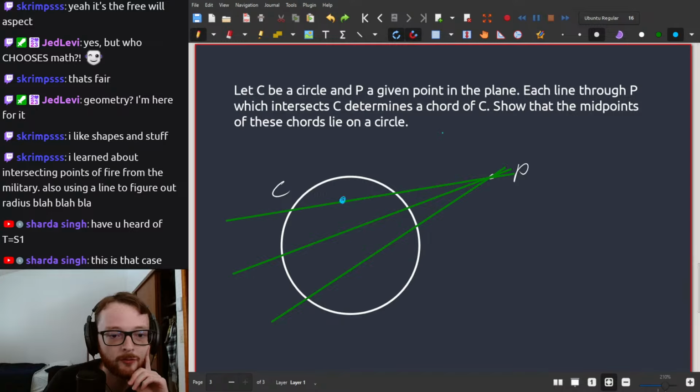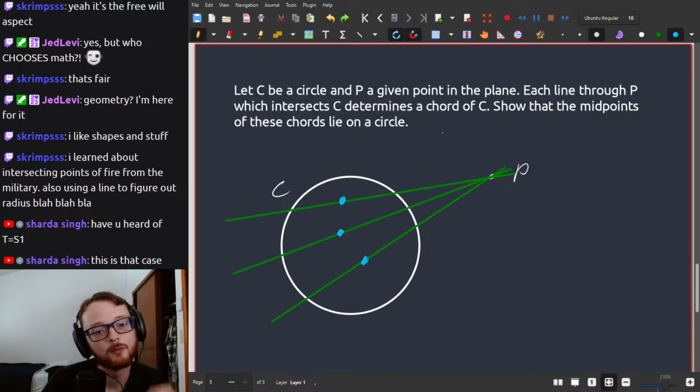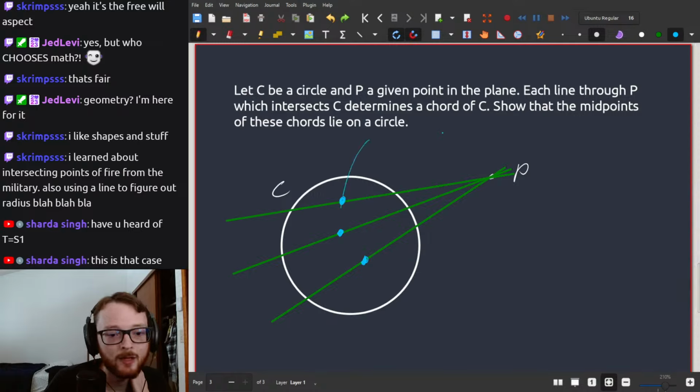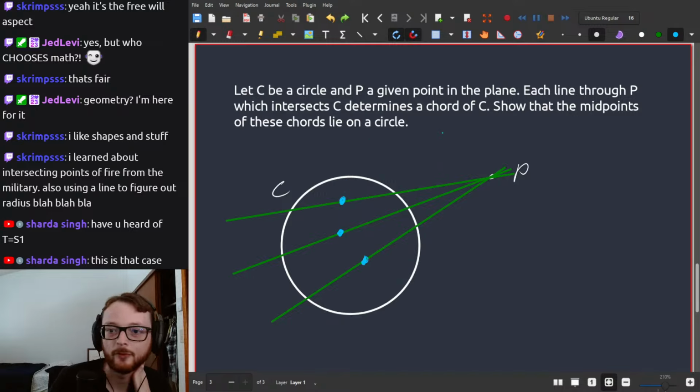I'm going to guess it's about there, this one's about here, and this one's about here. The thing that we want to prove is that these 3 points lie in a circle. And I'm going to bet that P is the center. I can kind of imagine it, if I was better at drawing circles, at least.